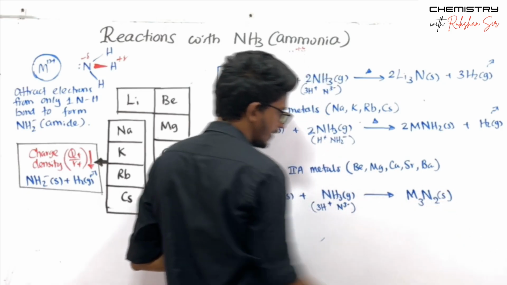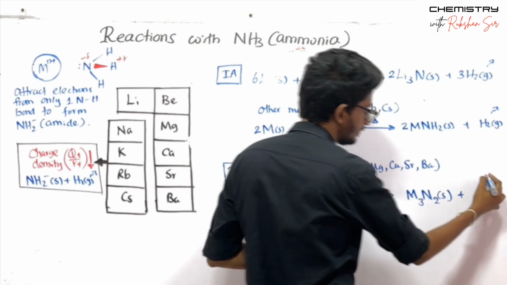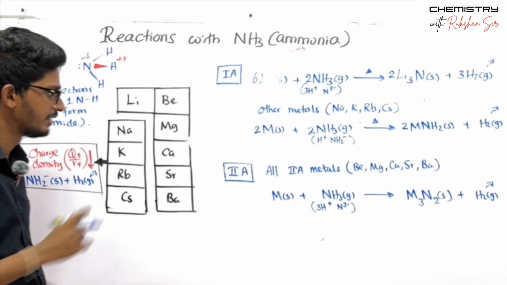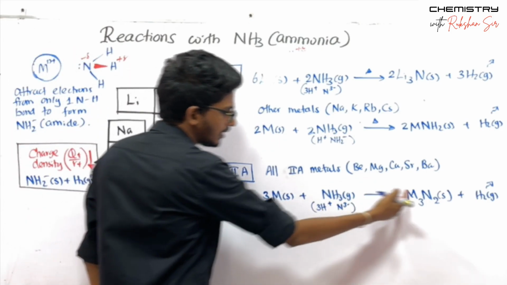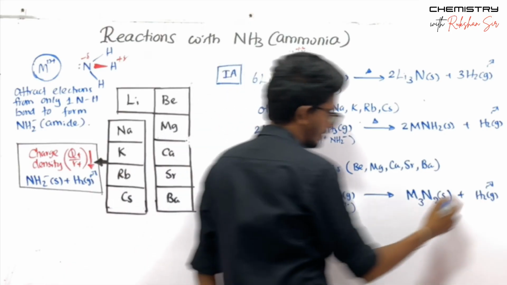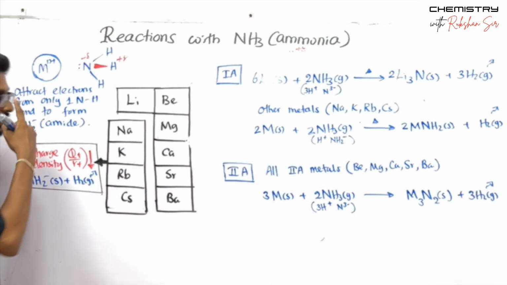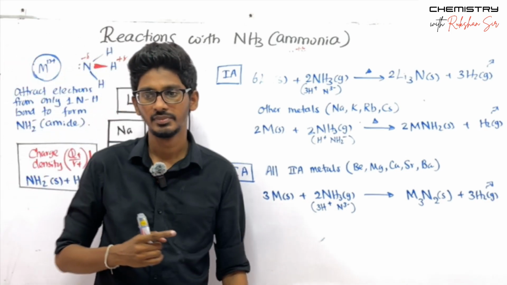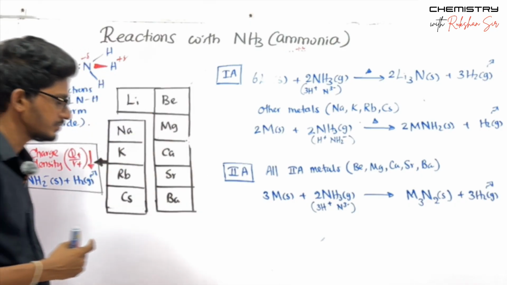It is a salt, and H plus will reduce to H2. So balancing: 2 nitrogens, so 6 hydrogens, so some 3 is needed here. Okay, it is done. So these are the reactions.